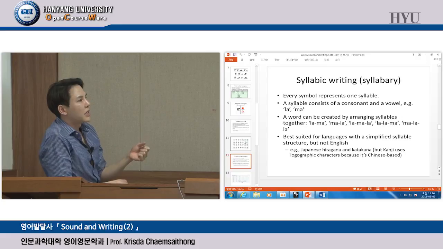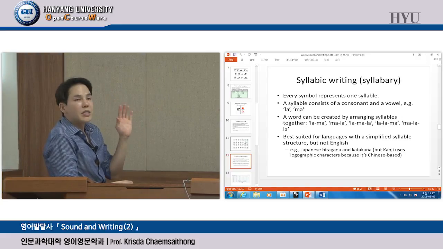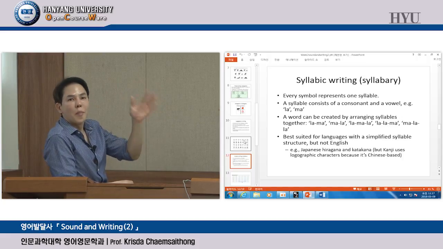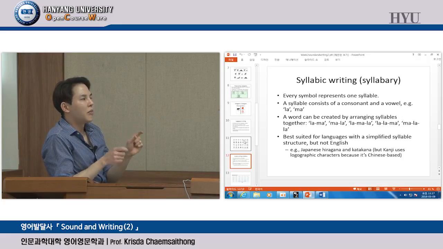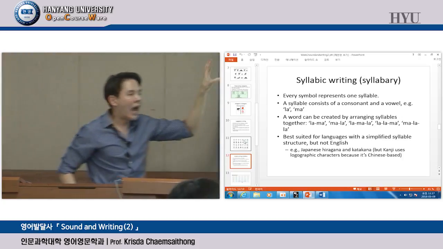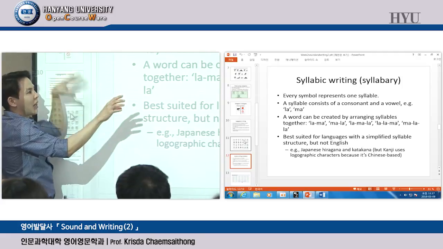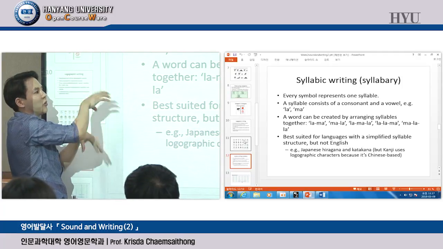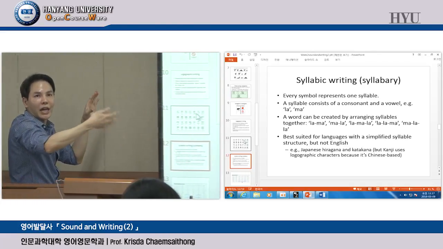A syllable consists of a very simple structure, consonant and vowel, like la or ma. And a word can be created by arranging syllables together. So you have one symbol for la, one symbol for ma, and then you can put them together, la, ma, and then you switch the order, ma, la, and then you rearrange, and then you duplicate them like that.